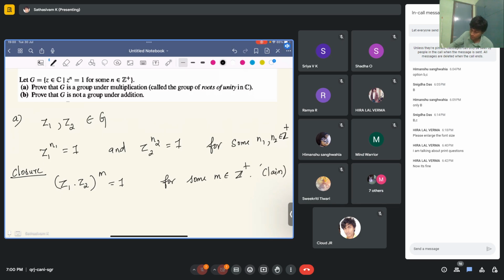I want to prove that there exists an M such that Z1, Z2 power M is 1. Now the question is, what is that M? How do you find the M? So any idea?